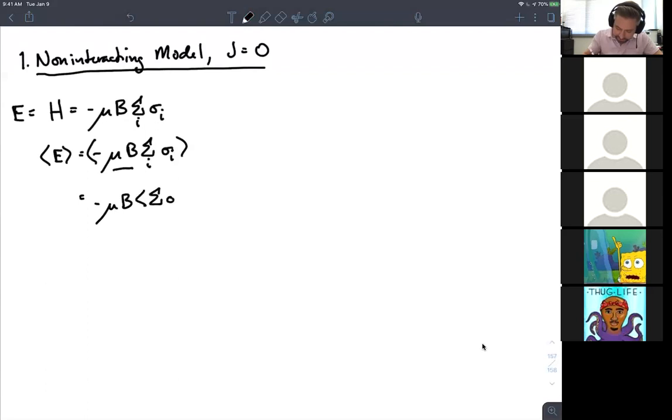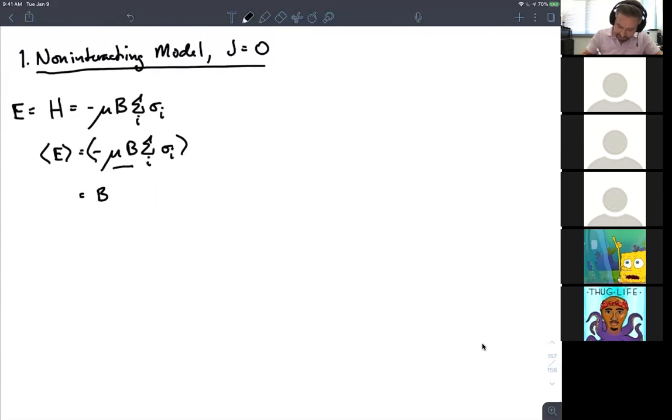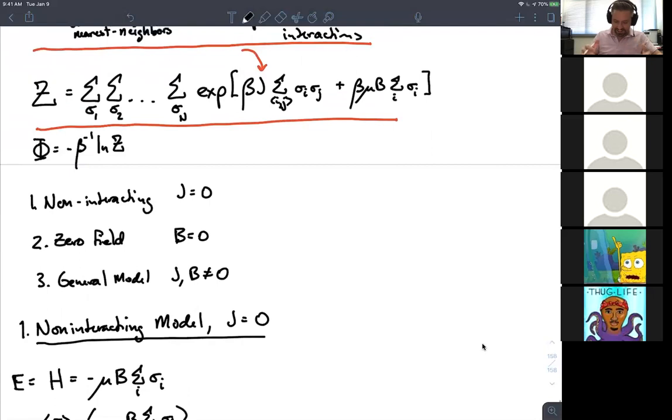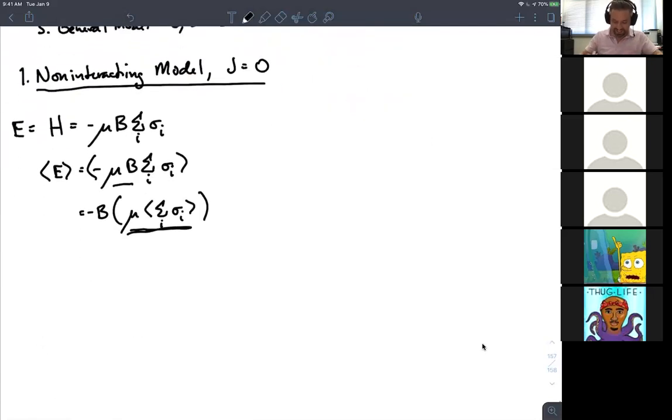And so you will see that we just write this, well, even more suggestively, let me write it like this. Parentheses, mu, average of the sum over the spins. Look at this. What is this? That thing is the magnetization, right? So this here is the magnetization.